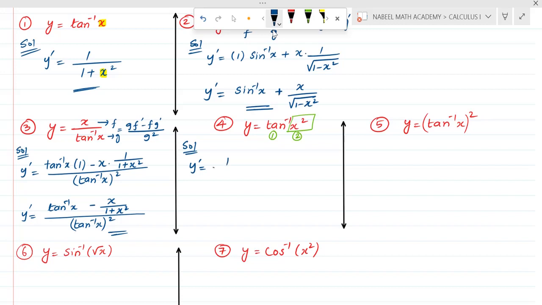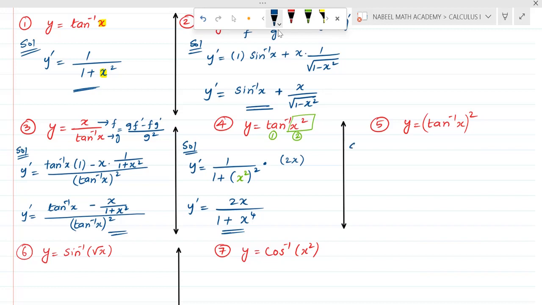So I write 1 over 1 plus x square whole square, which is the tan inverse definition with x square in place of x. So the first part is over. What about the next one? Multiply by the derivative of x square, which is 2x. After that, simplify: 2x over 1 plus x to the power 4.